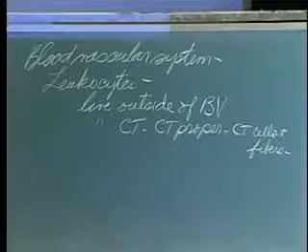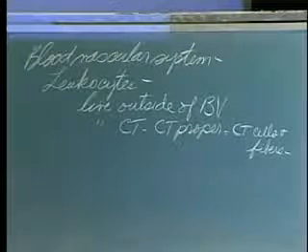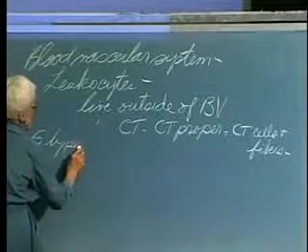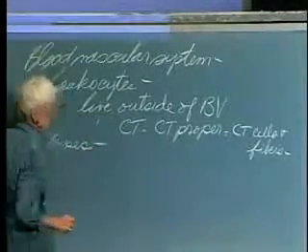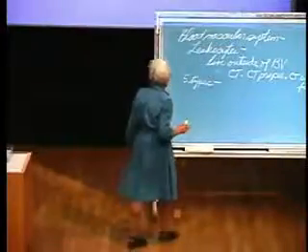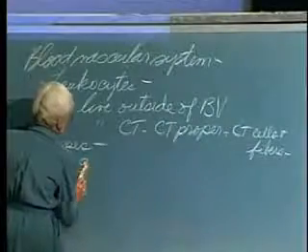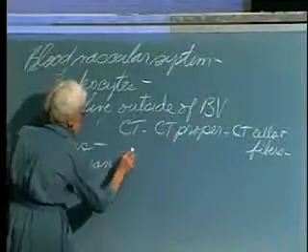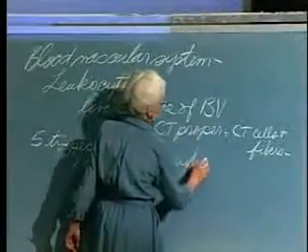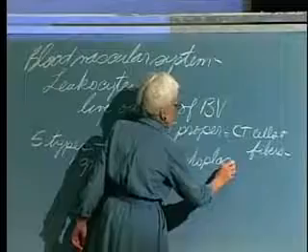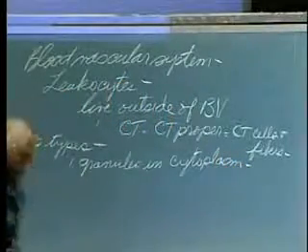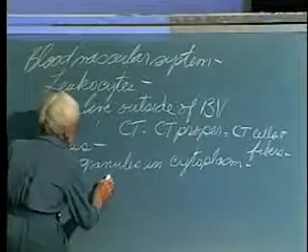There are many kinds of white blood cells. There are 5 types. And they're classified according to the granules in the cytoplasm. And they're called granular leukocytes.